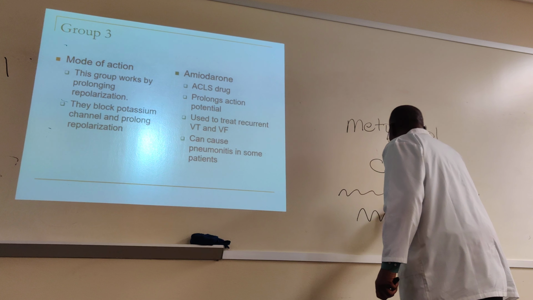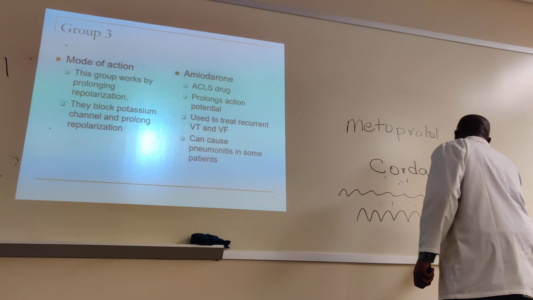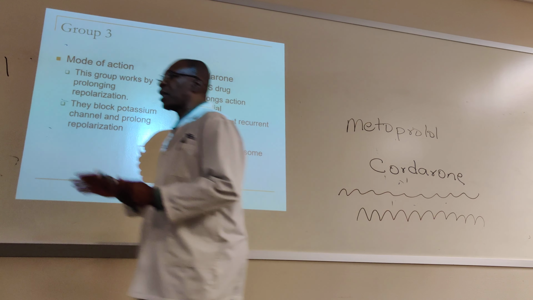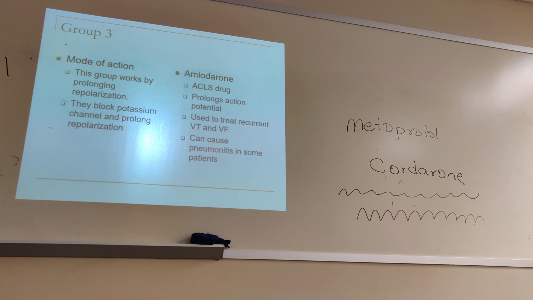And then torsades is kind of like that. It's more coarse VFib. You give magnesium sulfate. But if you don't have torsades de pointes, don't worry about magnesium sulfate. Then you select from either lidocaine or amiodarone. You give one of those 2. And it doesn't matter which one that you give. Both of them will work fine.